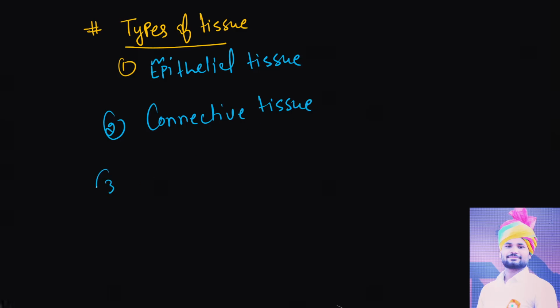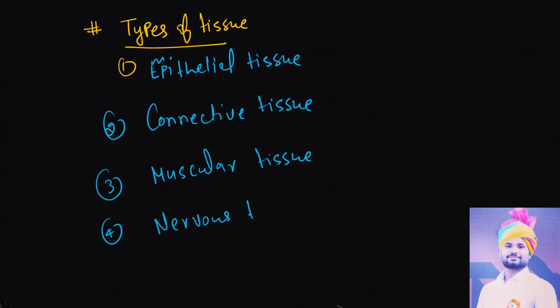Then we will talk about muscular tissue or muscles. And then the fourth one, that is nervous tissue. Okay, everyone, so these are the four tissues that are present in all animals, and we have to talk about them. From the next lecture, we will start with epithelial.